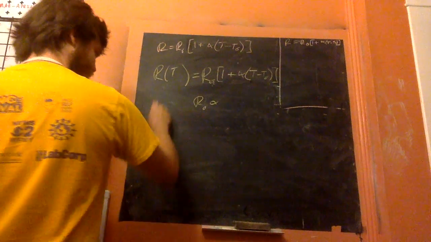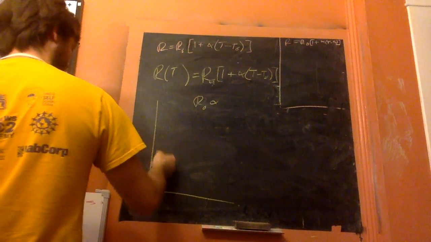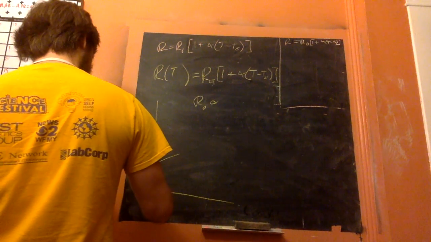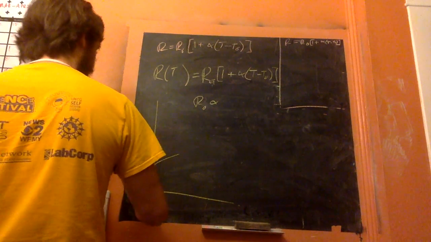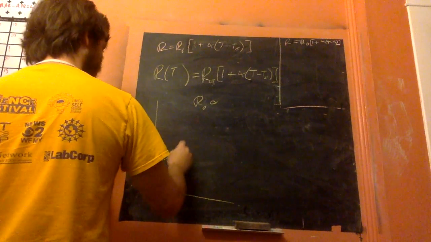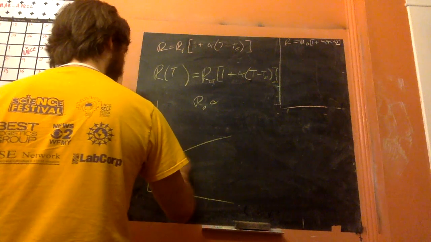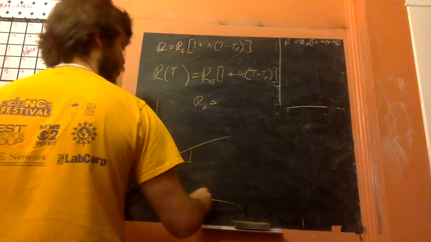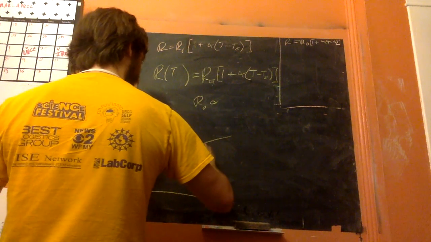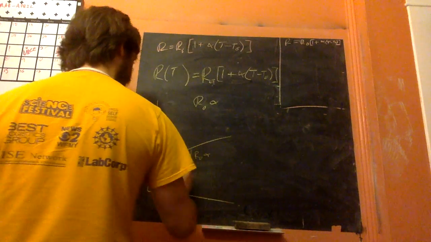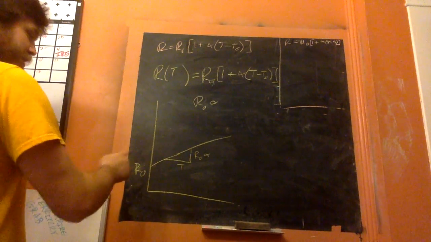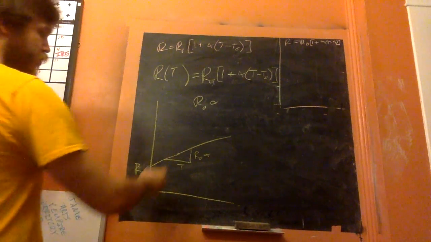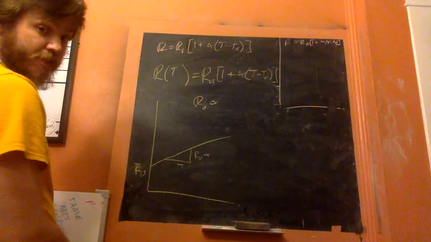We get something that's just a straight line graph. So here would be R naught, and as we move up, the rise over the run is equal to R naught alpha. Okay. So this is the key to the actual graphing of this.